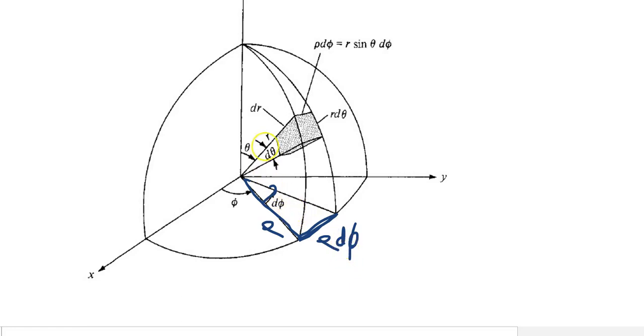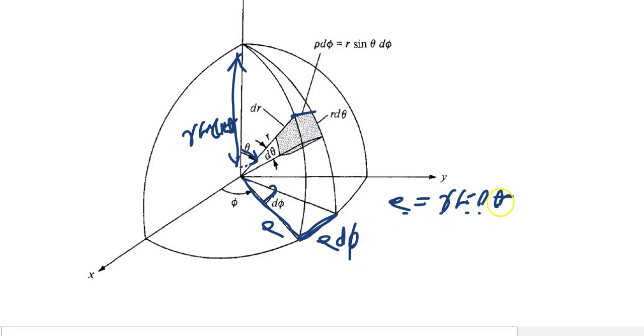Rho we have seen: if this is your r and this is your theta, this is your r cos theta, this part, and this rho is equal to r sin theta. So this length is your rho d phi. Rho is your r sin theta, so r sin theta d phi, this length.